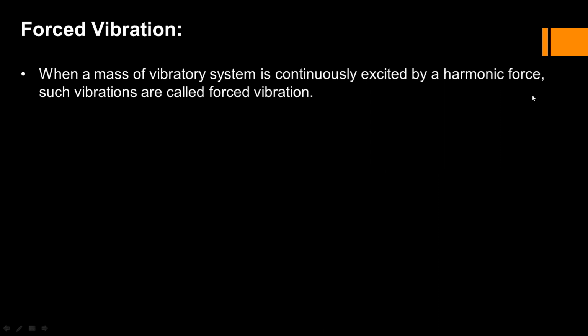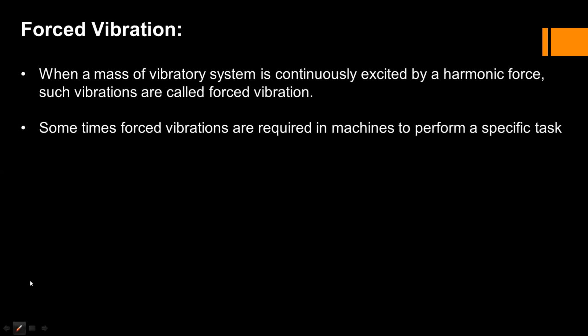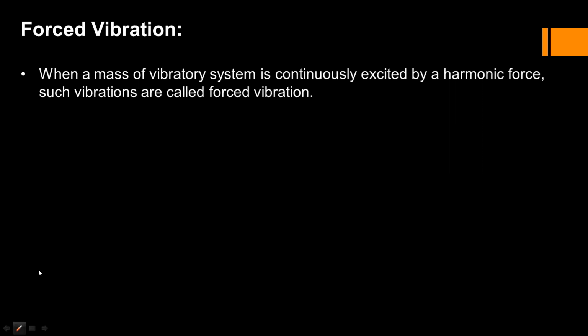This harmonic force will have an equation similar to the harmonic equation for the displacement. For the displacement, we have the equation x = a sin ωn t. This displacement x changes with respect to time t, and a is the maximum value of the displacement, called the amplitude.